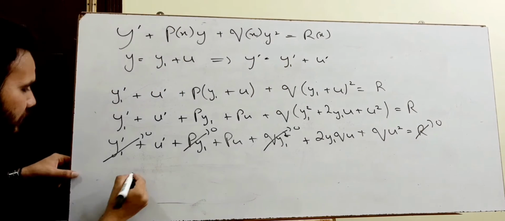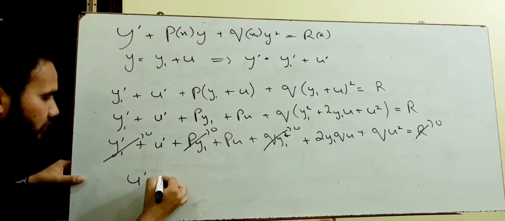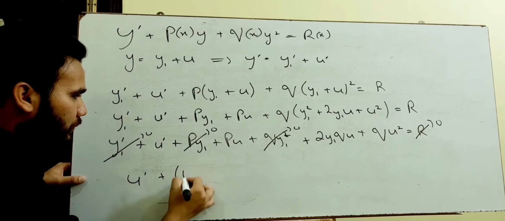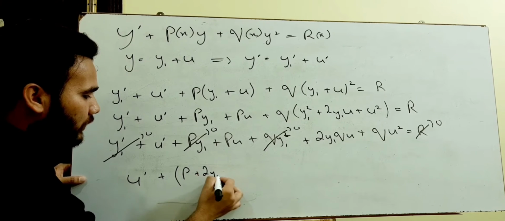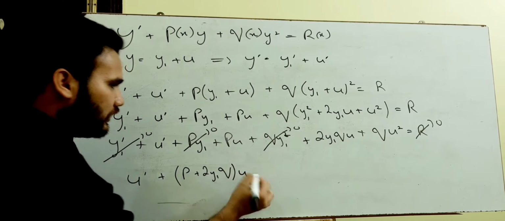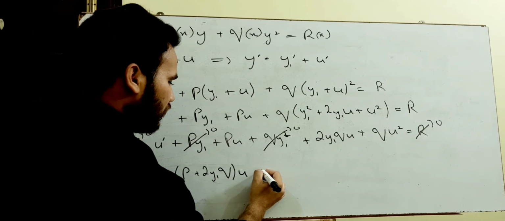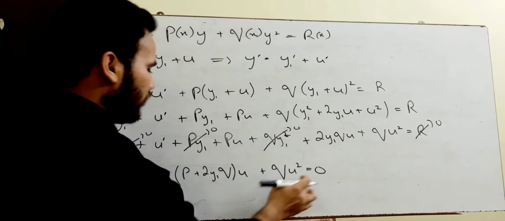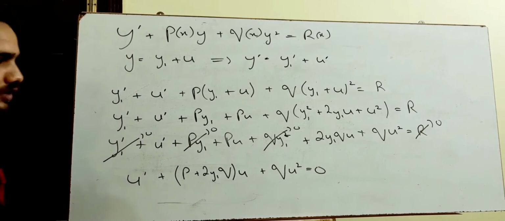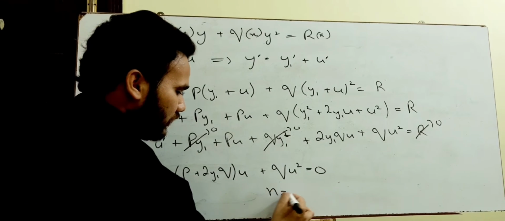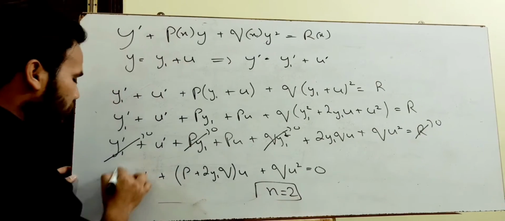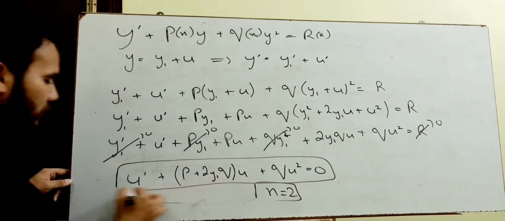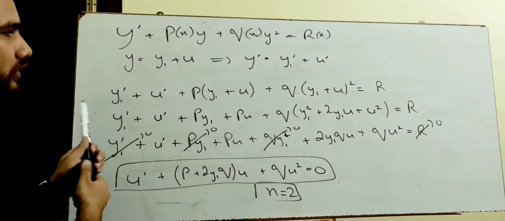The remaining part will be u prime plus p plus 2 y1 q times u plus q u squared equals 0. Now this is Bernoulli's differential equation where the degree is equal to 2. So we can use this for finding y, the general solution.